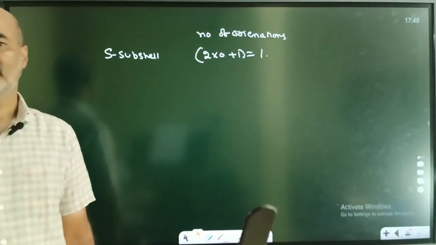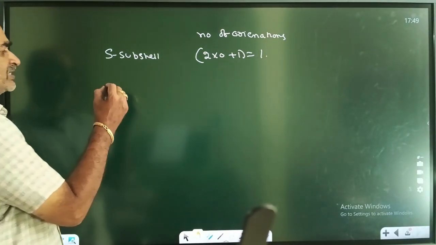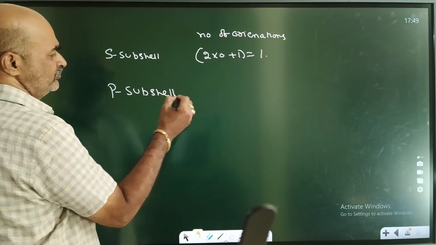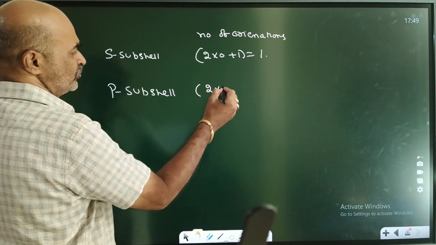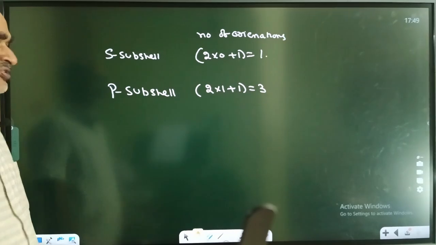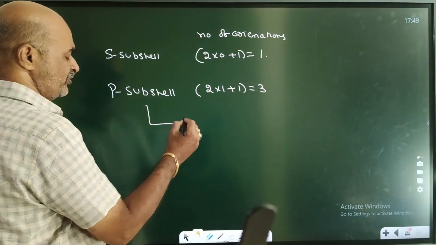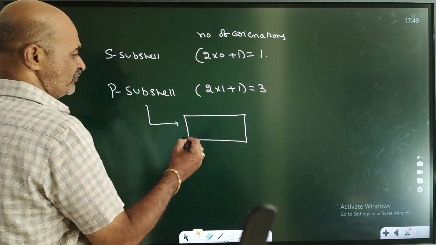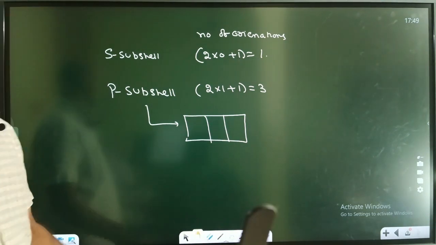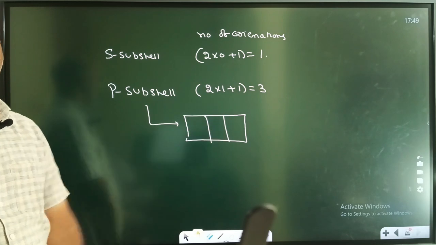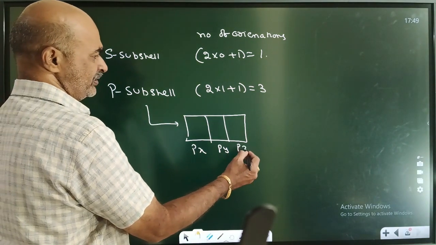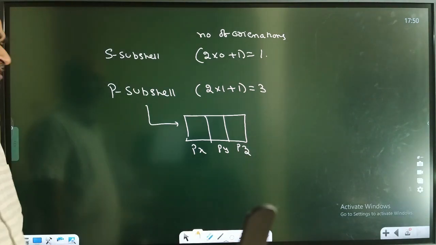Next, p subshell. The number of orientations is equal to 2 into 1 plus 1, that is equal to 3. So the p subshell consists of 3 rooms. These are 3 p orbitals: px, py and pz.